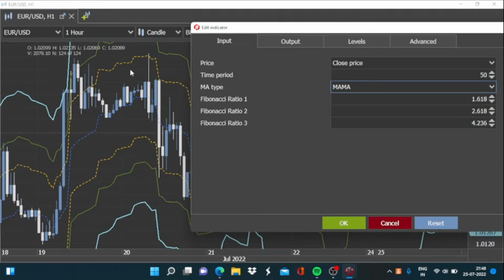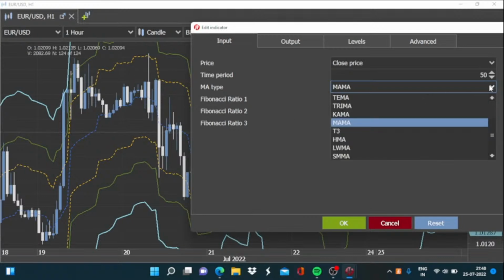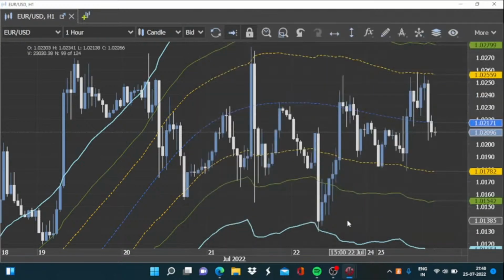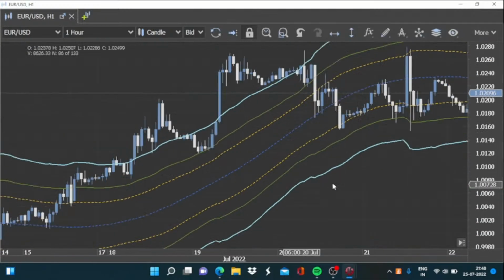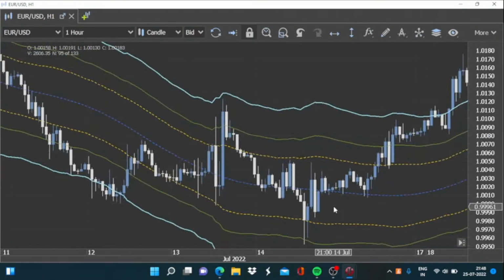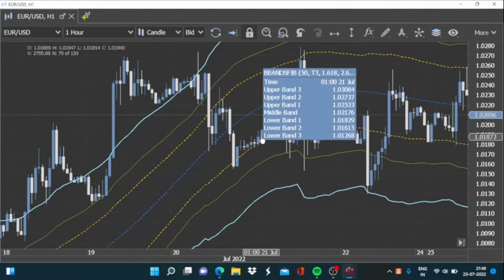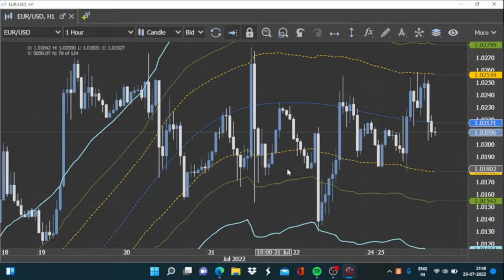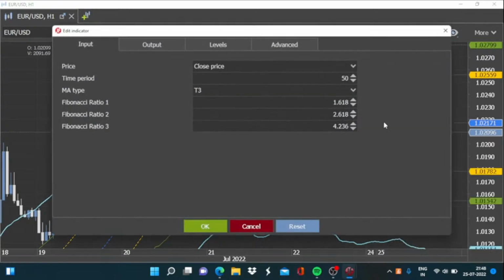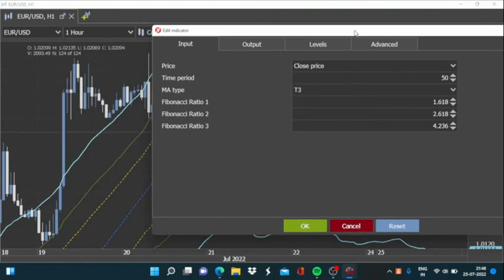Because of that, we have these Bollinger Bands also plotted in a similar fashion. T3 is going to be a lot smoother. So we have this plotting of the T3 based Bollinger Bands with smooth curves, and equally smooth resistance and support areas defined using this Fibonacci ratio. Let us now see what more there is to be done.